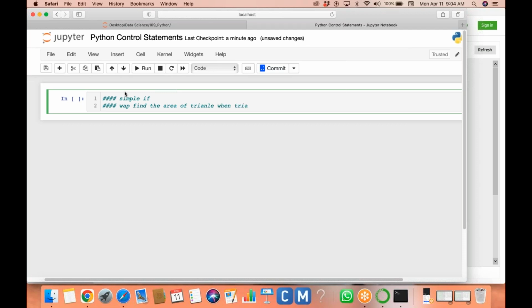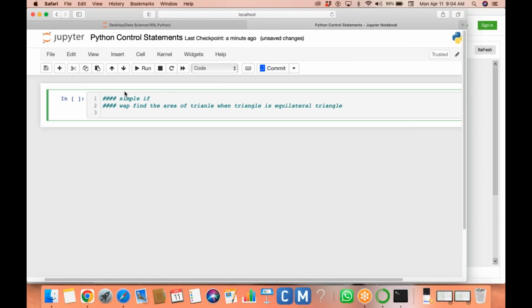What does equilateral triangle mean? Tell me. All sides are equal.